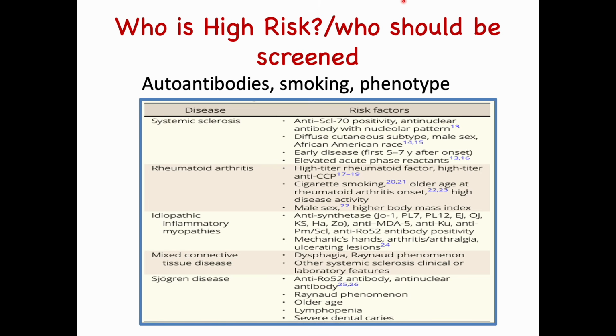When you talk about rheumatoid arthritis, the risk correlates with being older at disease onset. The risk also correlates with being a male, being a smoker, and having a higher BMI. So, smoker males with older age of onset of rheumatoid arthritis will have higher propensity for lung involvement as ILD, and also those who have a higher titer of rheumatoid factor and a higher titer of anti-CCP.